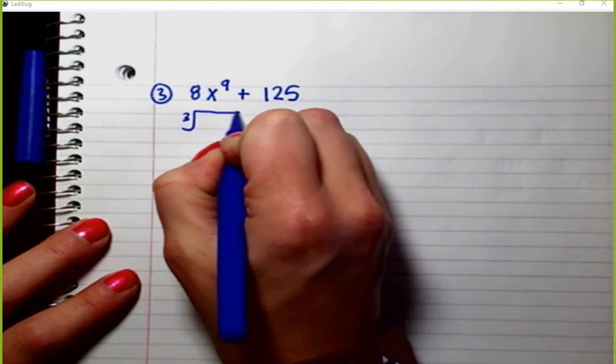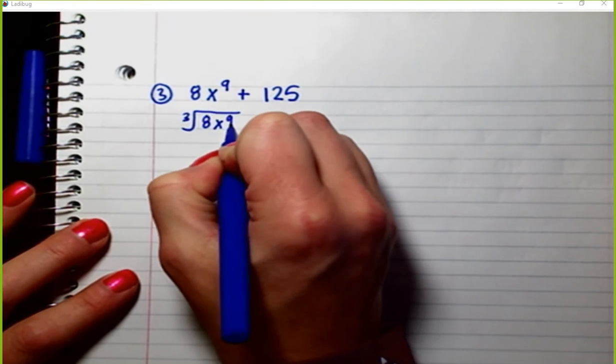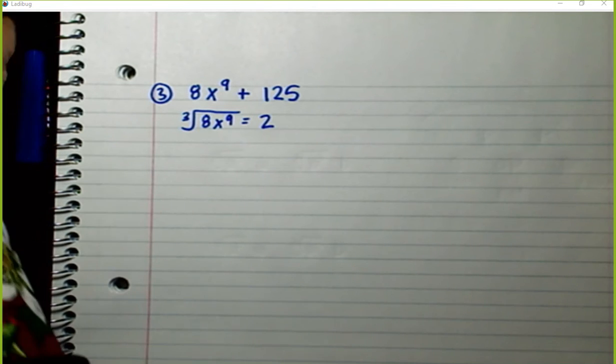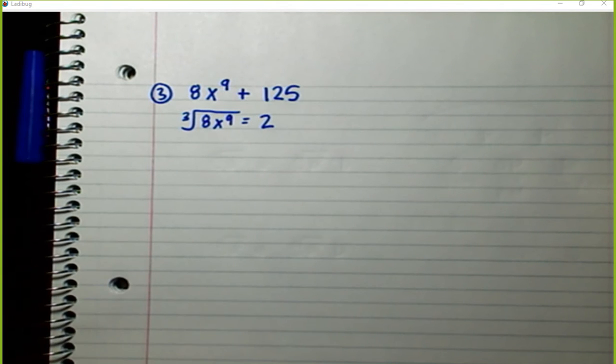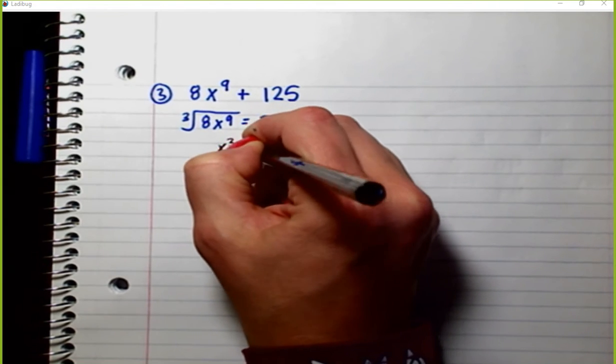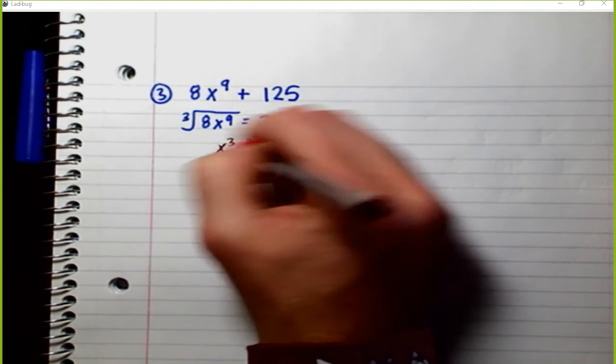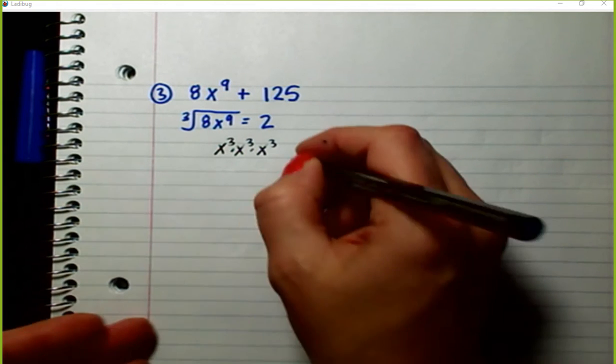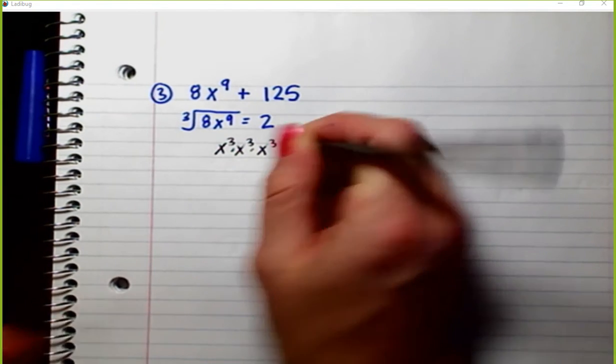The cube root of this is, well, the cube root of 8 is 2. You're like, is it x to the 9th? That's weird. Okay, what do you multiply 3 times? X cubed multiplies 3 times to get x to the 9th.